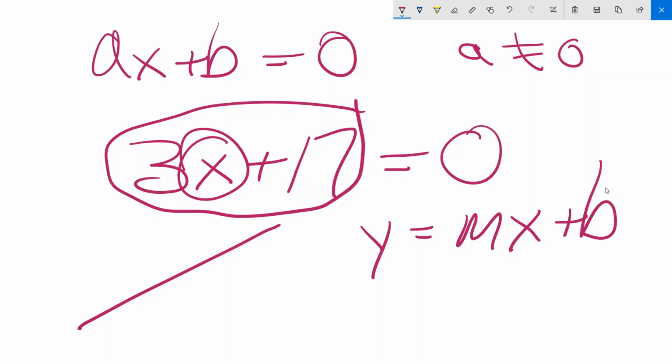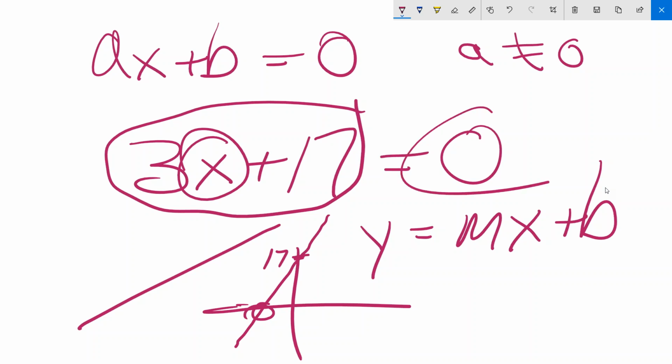But if I had to graph this, I'm starting at 17. I've got a slope of positive 3. There's the graph of it. Setting it equal to 0 gives you that point on the x-axis, because when this whole equation is equal to 0, you're talking about the x-intercept.